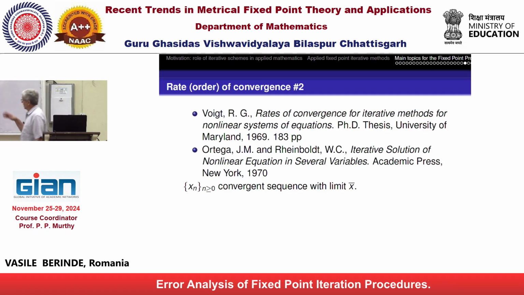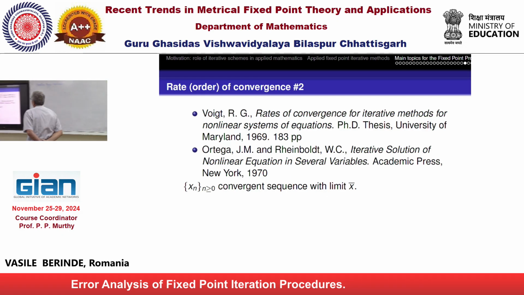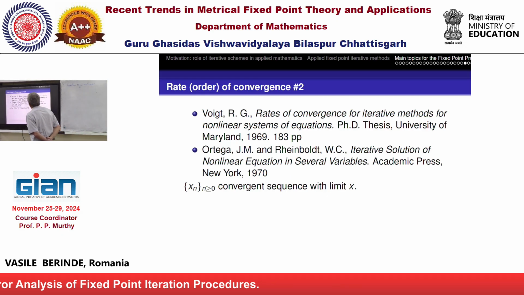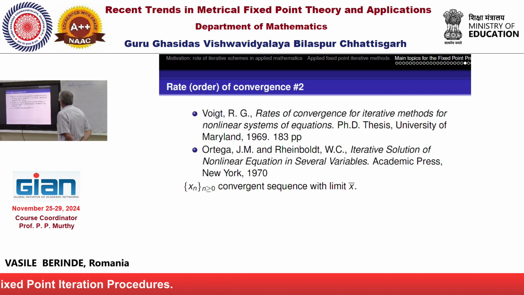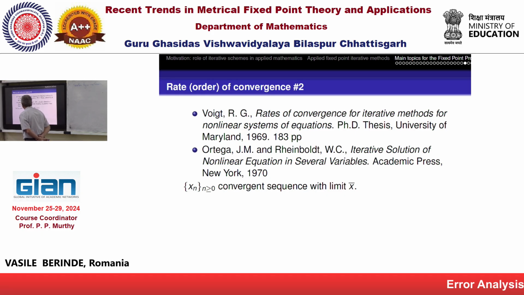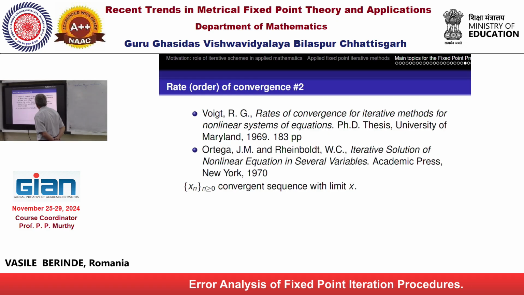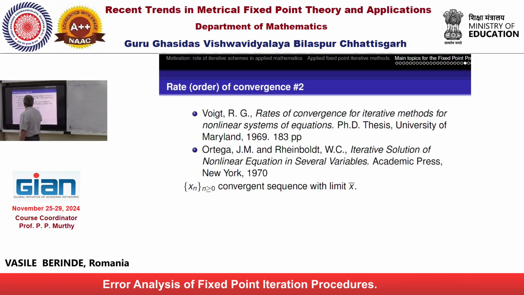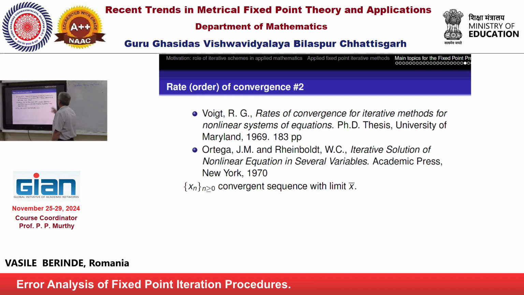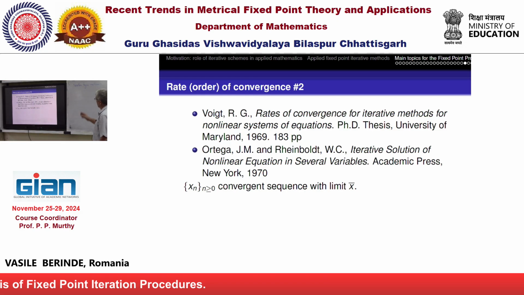Voigt is a German name, but he is in the USA, in his PhD thesis from 1969, and maybe I mentioned in a previous talk this beautiful book by Ortega and Rheinboldt, which is a fundamental monograph on iterative solution of nonlinear equations in one or several variables, which is an old book but still actual.